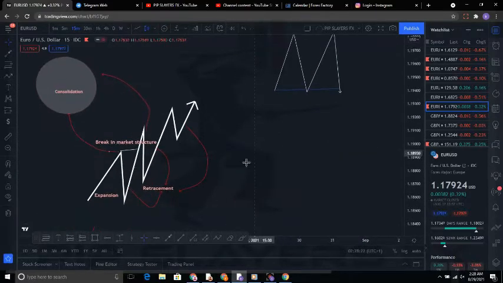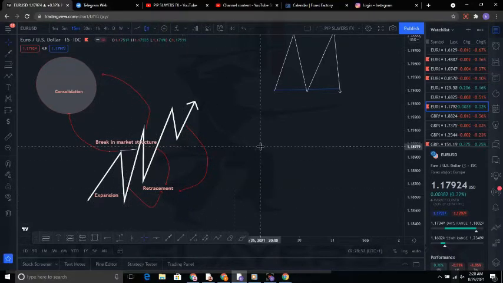So at this point there's a consolidation and then a retracement into institutional price points. What are institutional reference points? They are the order blocks, the fair value gaps, the mitigation blocks, and so on and so forth.